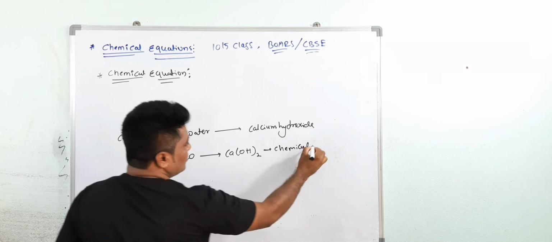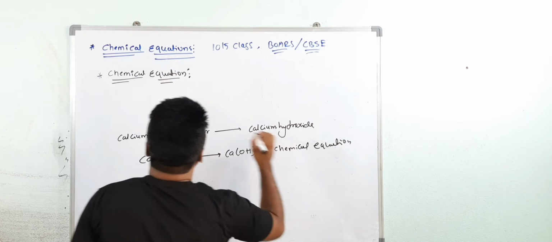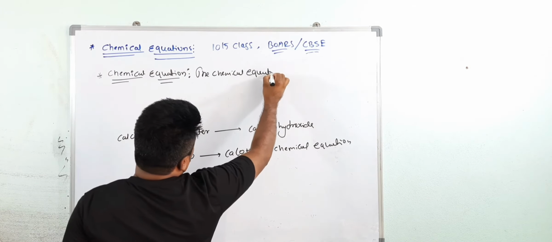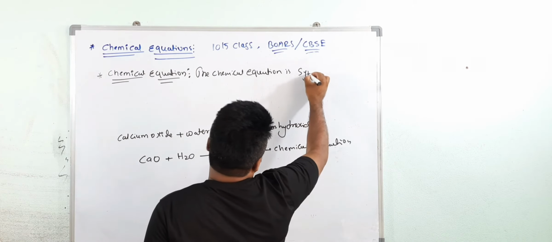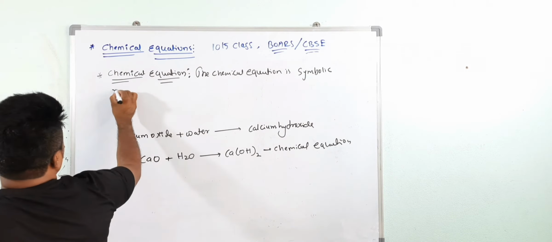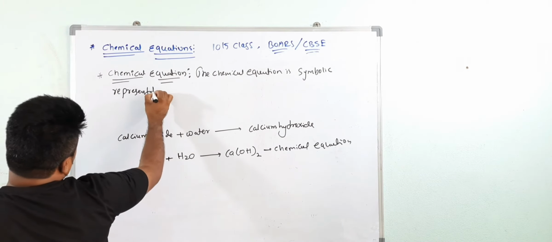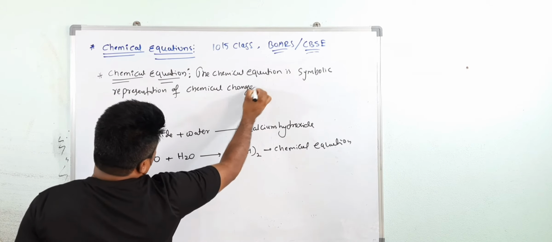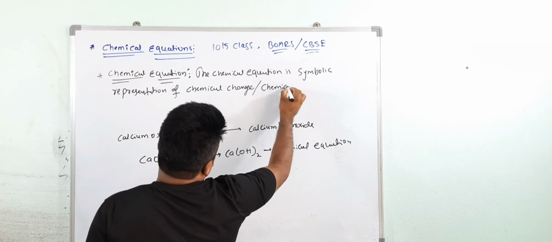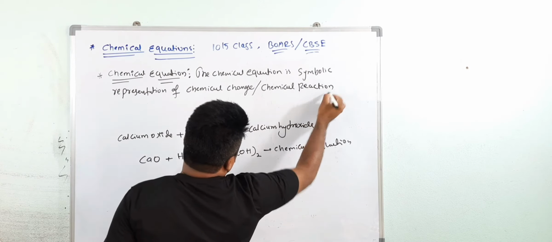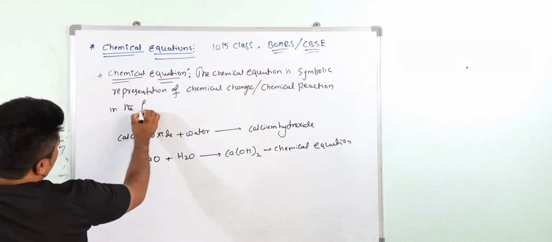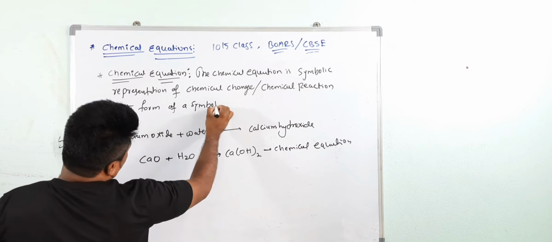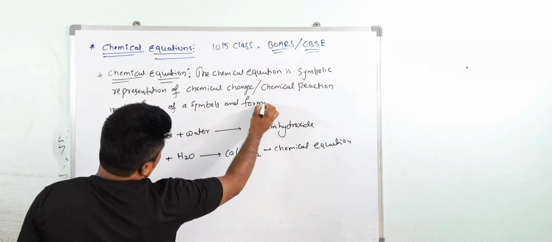This is called a chemical equation. So a chemical equation is a symbolic representation of a chemical change or chemical reaction in the form of symbols and formulas.